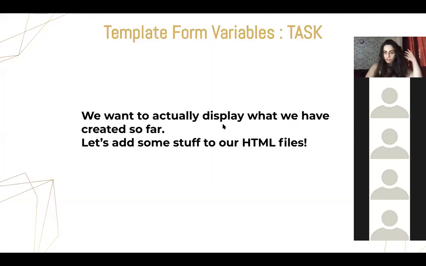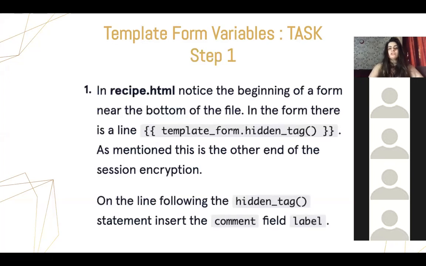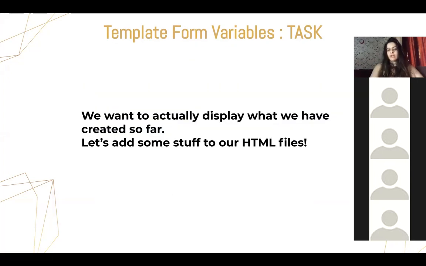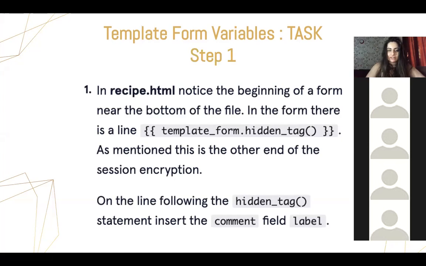Since some of you don't have your project, I'm just going to do this task with you. You can try with me, code along. So right now we're trying to add more stuff to our HTML files, so we can display the beautiful logic we created for our comment section.